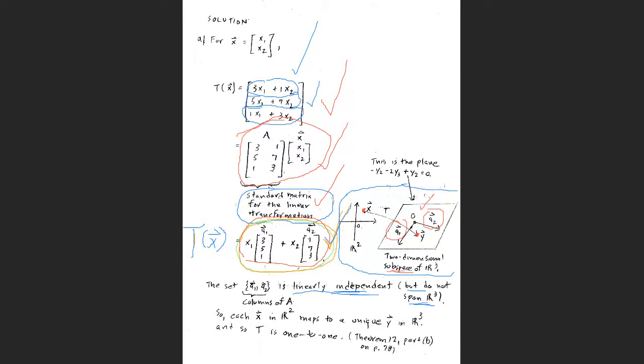So the mapping of the vector x to the vector y is going to be in the span of these column vectors A1 and A2.